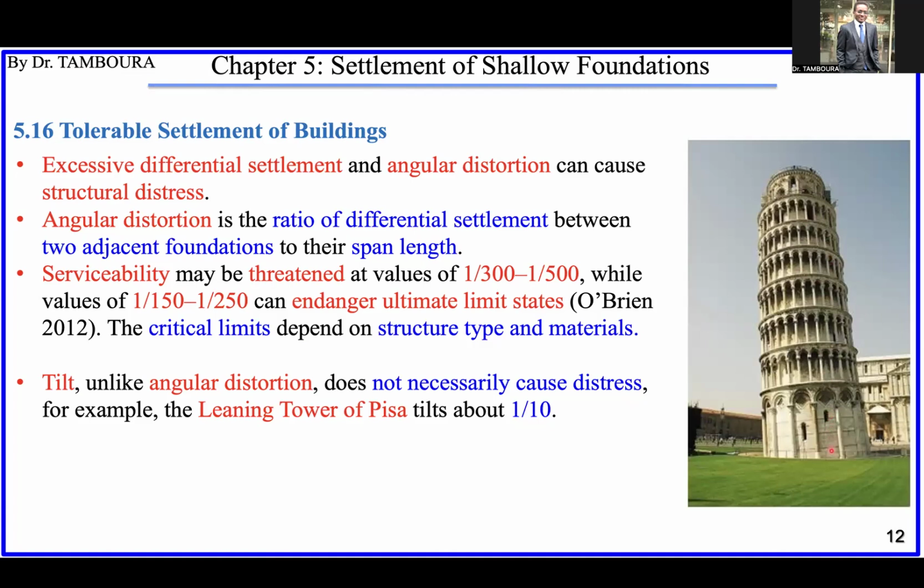Okay, because this is tilt. So this leaning tower in Pisa, Italy, the tilt is about 1 to 10. 1 over 10. The ratio 1 over 10.